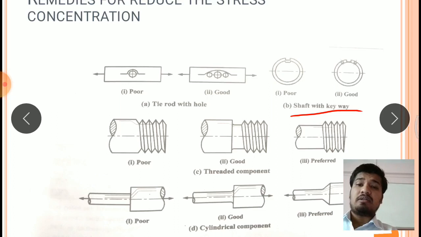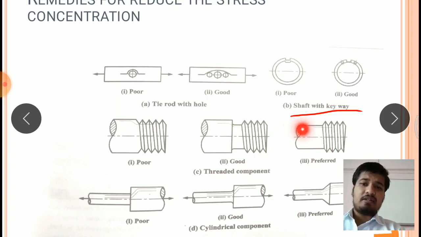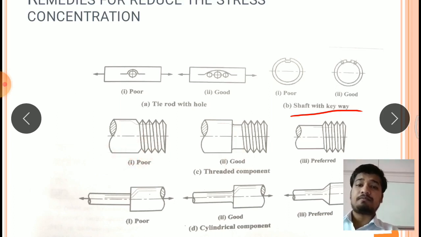And in the third example, which is the preferred one, the stress concentration line is a straight one. The second example is a good one, and the first case is not preferred, or poor for stress concentration.